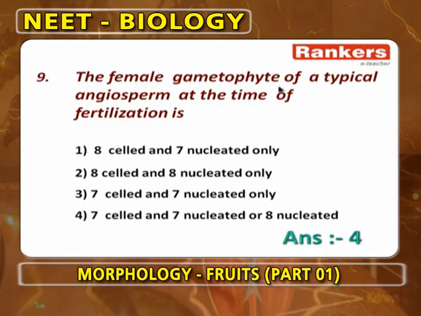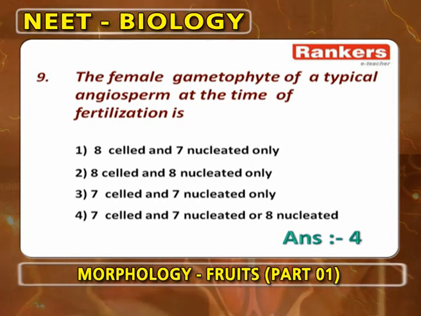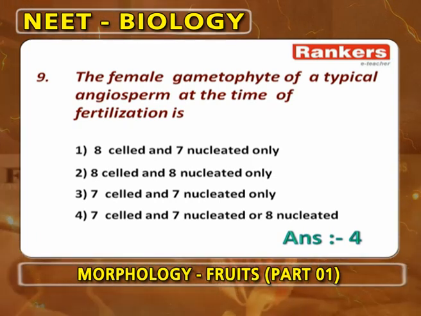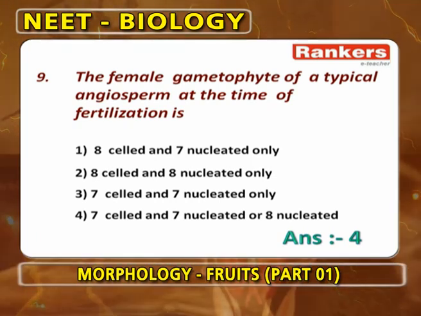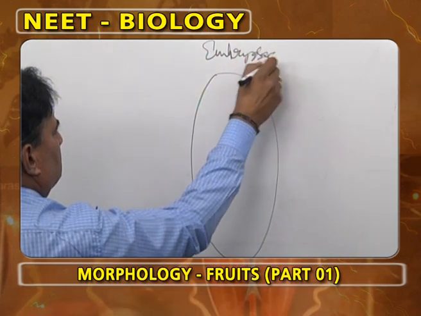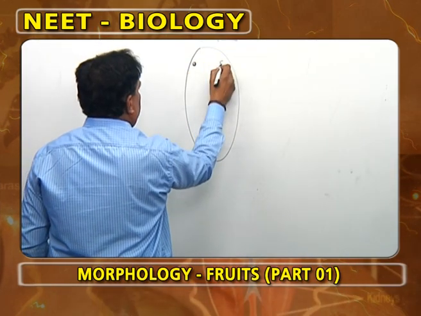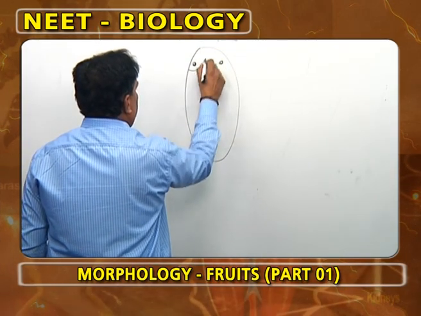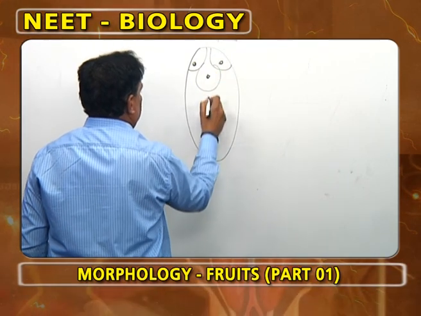The female gametophyte of a typical angiosperm at the time of fertilization. The female gametophyte of a typical angiosperm means an embryo sac. The embryo sac at the time of fertilization shows 3 types of cells.